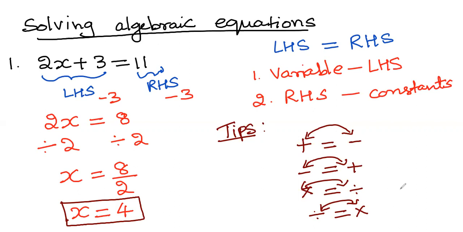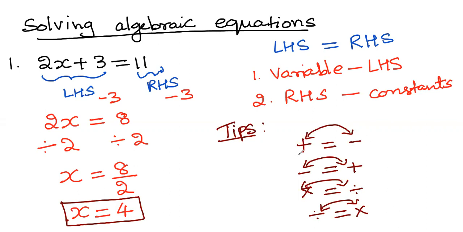Right. So now we will move to another question. Let's take this: 4x plus 5 equal to 9. Now 4x plus 5. Again, when it is plus, what are we supposed to do? We can go back to our slide.